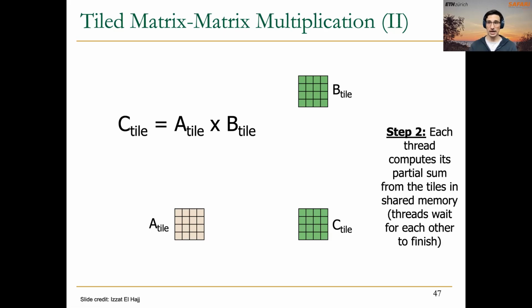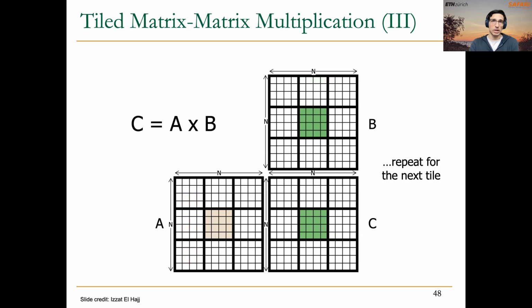After they are loaded into shared memory, we will synchronize using sync threads all the threads computing the elements of the corresponding tile of the matrix C. And we will repeat again and again for the next tiles after we are done with the whole row of A and the whole column of B.